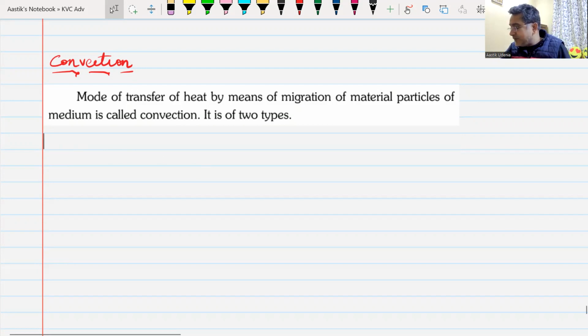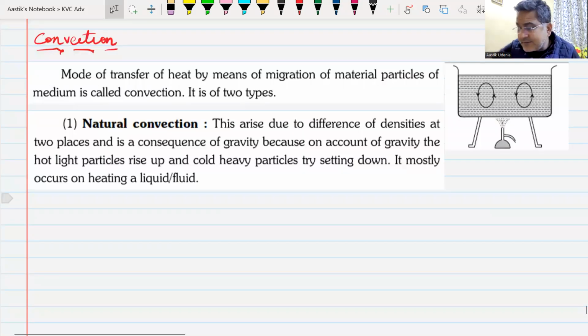When you are putting water in a beaker, the first thing that gets heated up is the bottom of the beaker. Yes or no? Once the bottom of the beaker gets heated up, it heats the water which is present at the lowest surface.